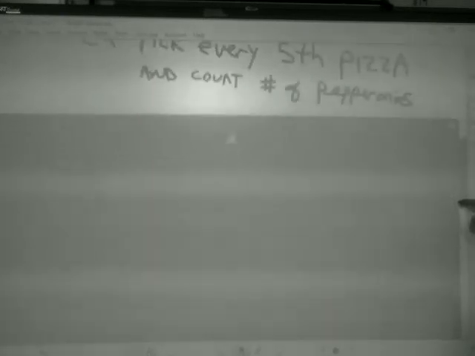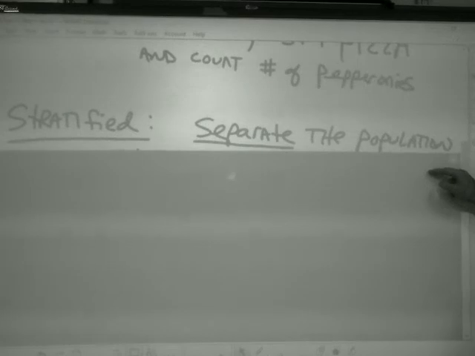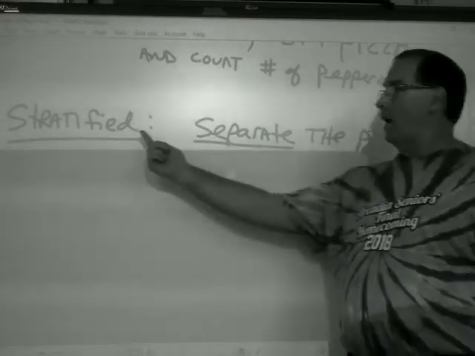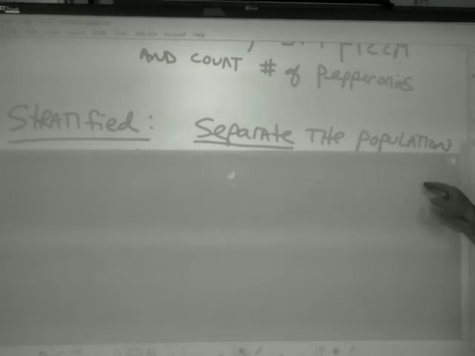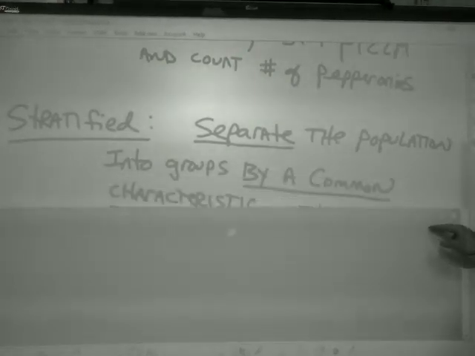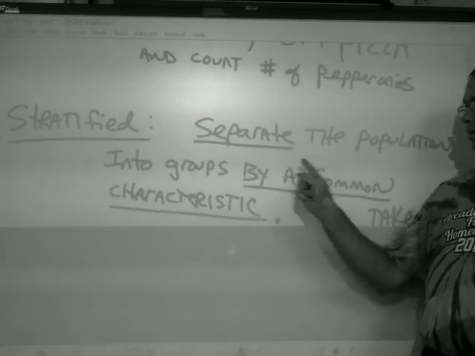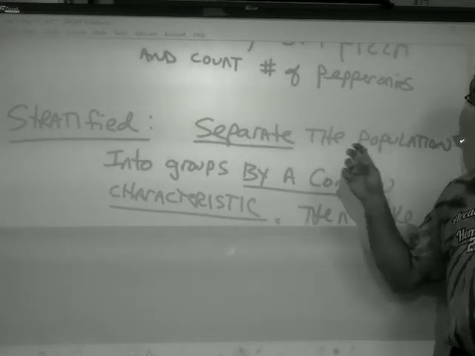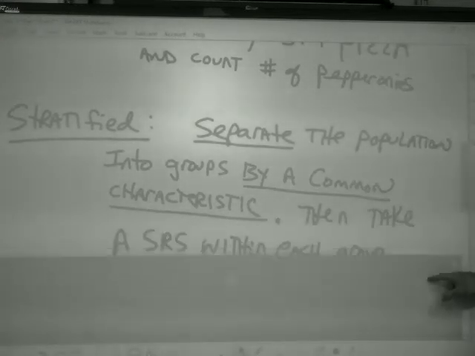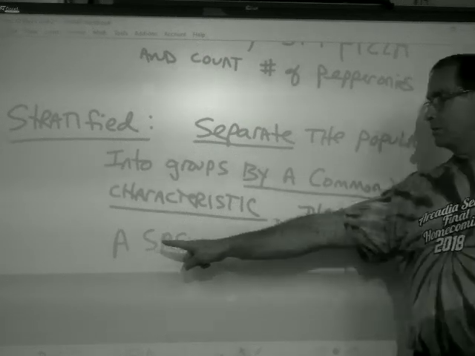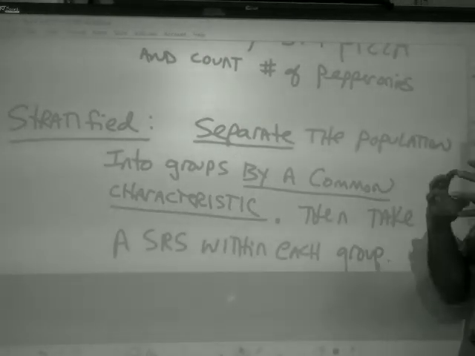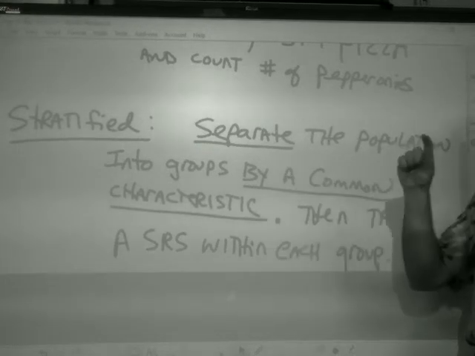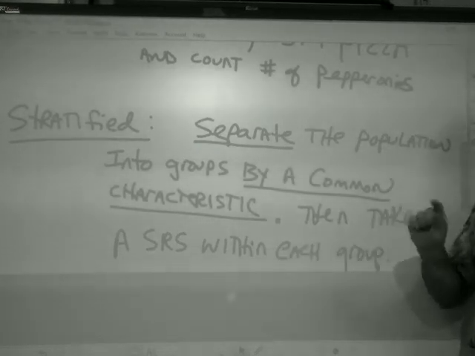Okay, next. We have stratified. When we stratify, we separate the population into groups by a common characteristic. Then take a simple random sample within each group. So it's important, you're putting them into groups, then still surveying a little bit from each group.